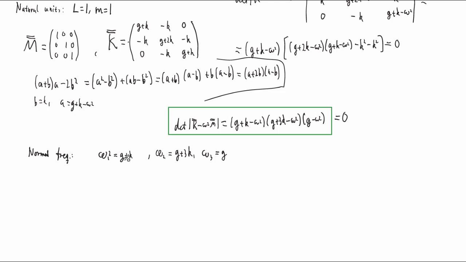So in order for g to become a frequency squared, we just divide by L, because we know that the square root of g over L is the frequency of a pendulum. Same thing for k. In order to turn that into a frequency squared, we take k divided by m, because we know that the square root of k over m is the frequency of a mass on a spring.